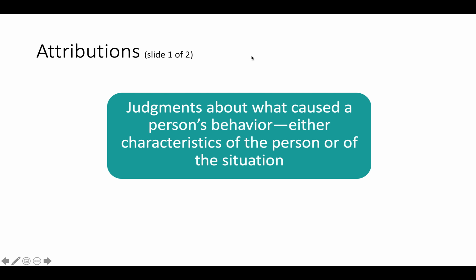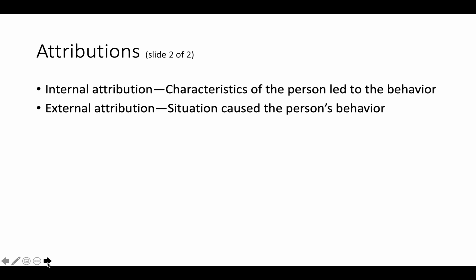Now, attributions. Once you perceive, then you're going to make attributions, and these are the judgments about what caused a person's behavior. A lot of times, either characteristics of the person or the situation. Now, the next slide talks a little bit more about this when it comes to internal attributions and external attributions. An internal attribution is the characteristics of the person that led to the behavior.